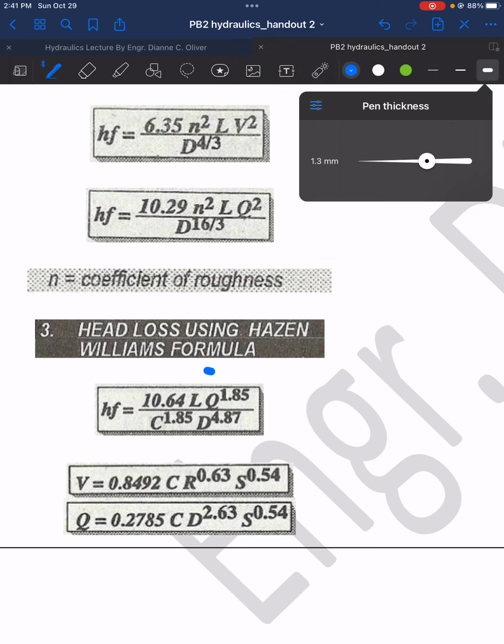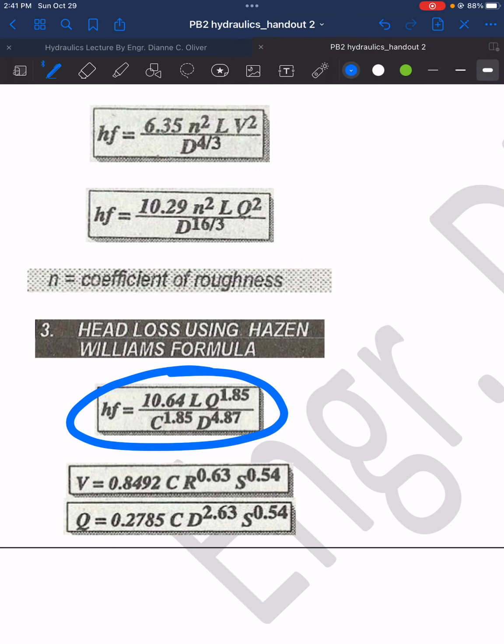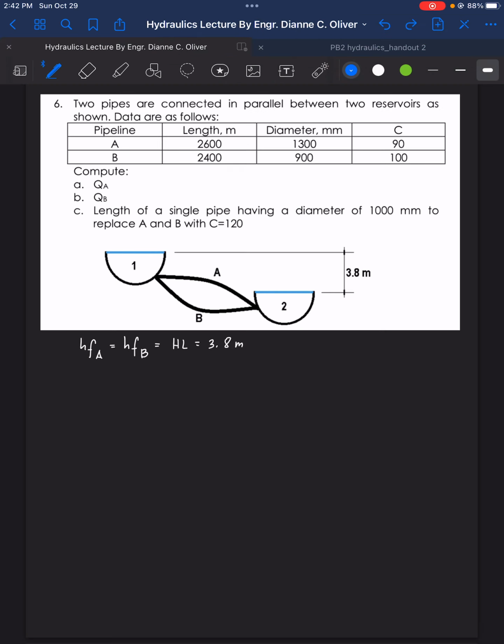So the Hazen-Williams formula for letter A, HF is equal to 10.64 L Q raised to 1.85 all over C raised to 1.85 D raised to 4.87.